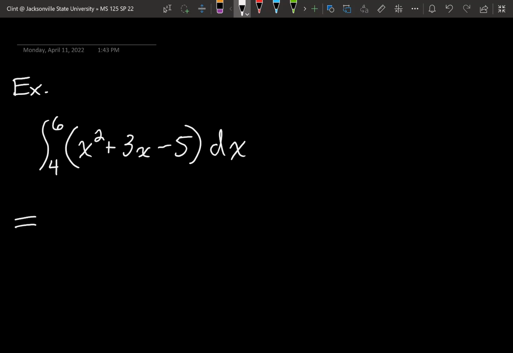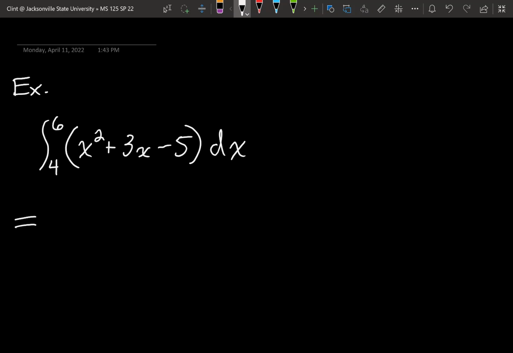So for the x squared part, we need something that when we take the derivative, we get x squared. If we were taking the derivative of x squared, what rule would we use? Power rule. Okay. So that gives you a good hint that you might want to use the reverse of the power rule.